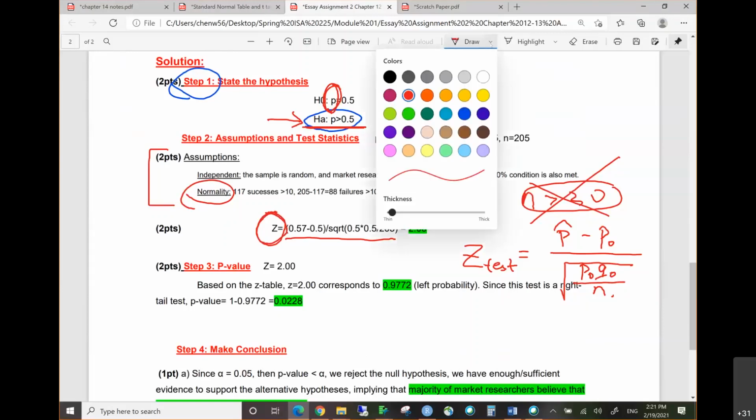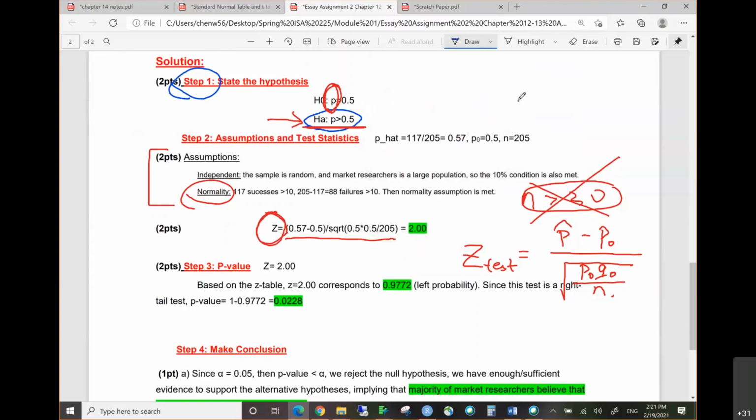The first one, in the square root, in the bottom of this formula, here is p0 times q0 over n. This is not p hat. P hat is the sample proportion.